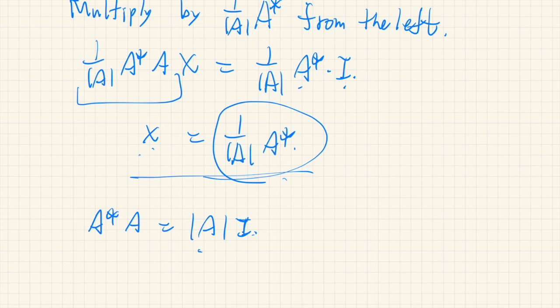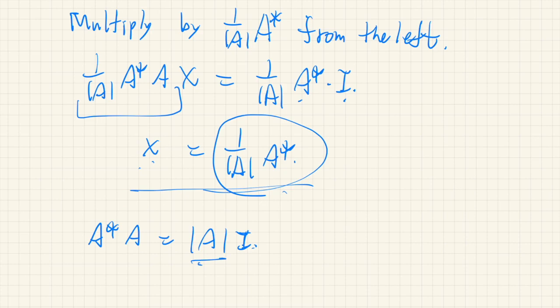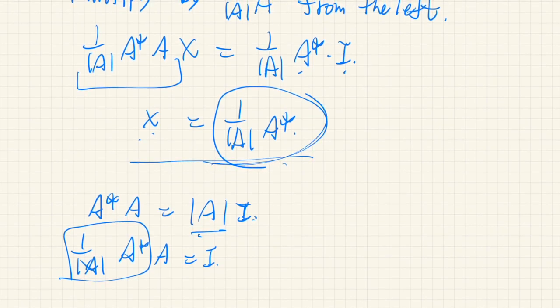Since we are assuming this determinant is non-zero, we have that this X times A is equal to the identity matrix. So this is the left inverse, which is the same as the right inverse, right? So if the right inverse exists, that inverse is also a left inverse, and both of them are this.